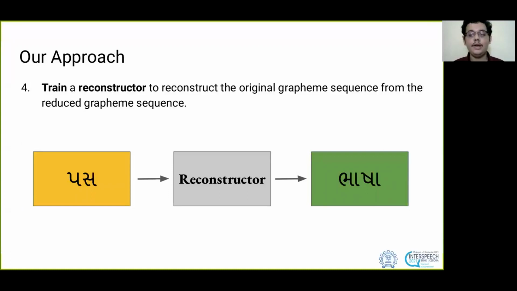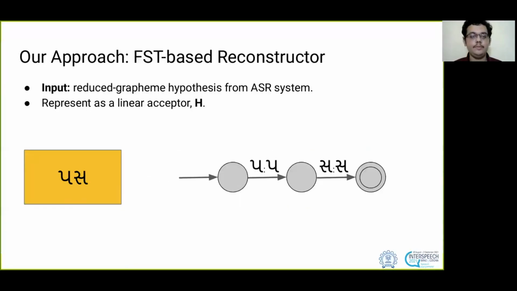Finally, we train a reconstructor to reconstruct the original grapheme sequence, such as bhasha in this example, from the reduced grapheme sequence persa.